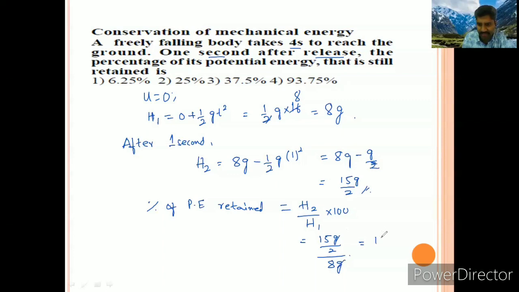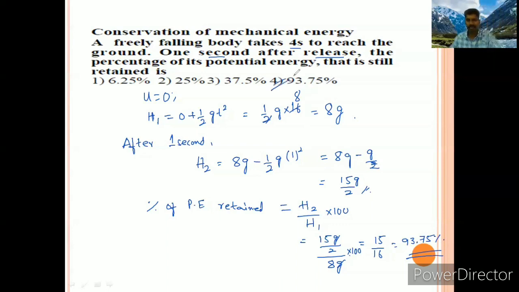So what can we get? 15 by 16 we can get. That is equal to how much here? Percentage into 100. So 93.75% will come. So the fourth option is the correct one.